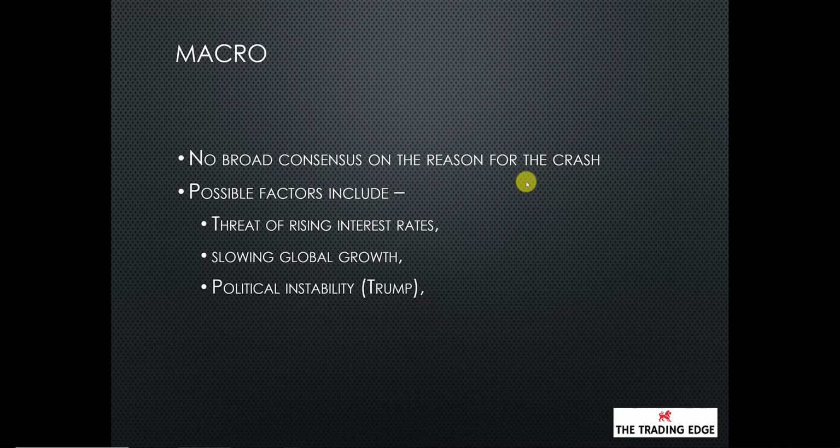Political instability, both Trump, because of the possible collusion with Russia and all these other reports, and possibly the corruption charges. And of course, the ongoing tariffs between the U.S. and China. So this has been an ongoing story that has not been resolved yet, and only time will tell which one of these factors was the factor, or if it's multifactorial, that caused the steep selling that happened in December.